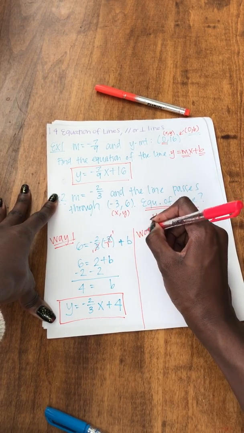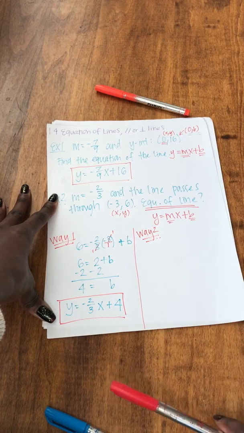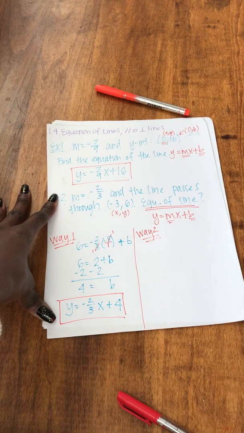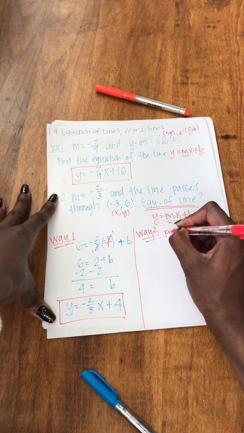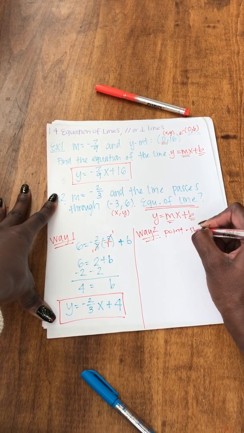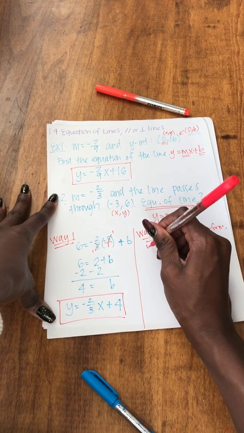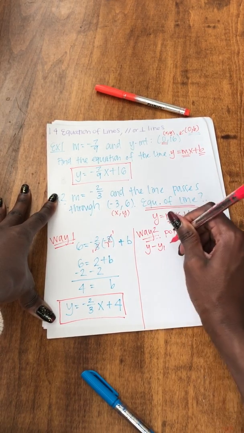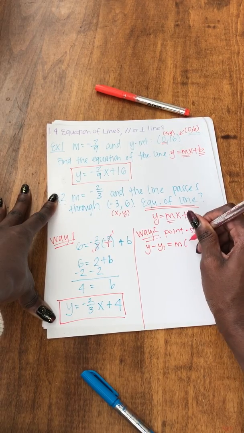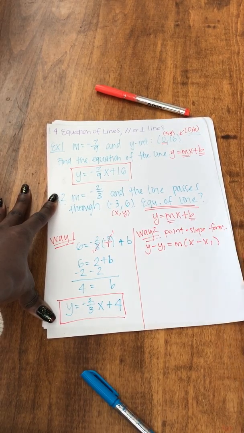All right, so way 2. We're going to need the point-slope formula for this. Okay, so we have the point-slope formula, okay? And that's going to be y minus y1 is equal to m times (x minus x1), okay?